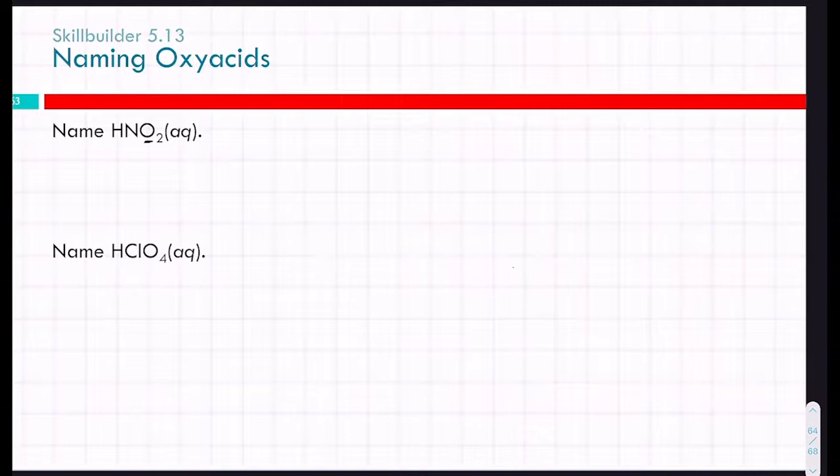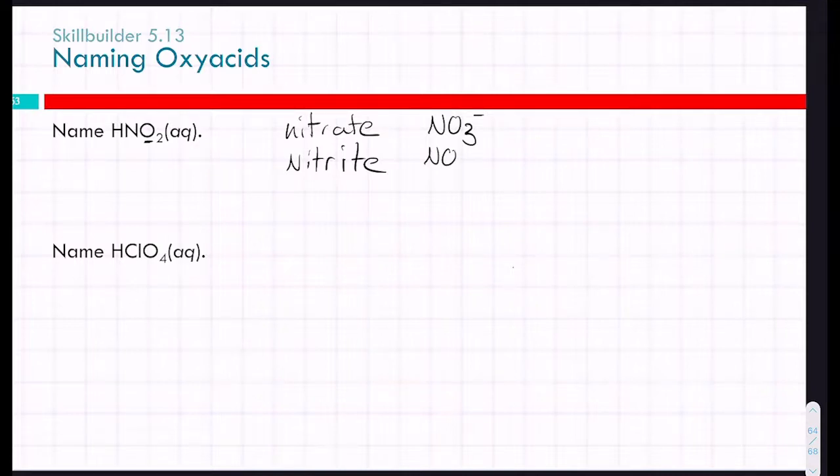If it's nitrogen, it would be nitrate. So that would be the base form. The base form would be NO3 minus. Then we have one fewer oxygen than that. So this would be nitrite, NO2 minus.